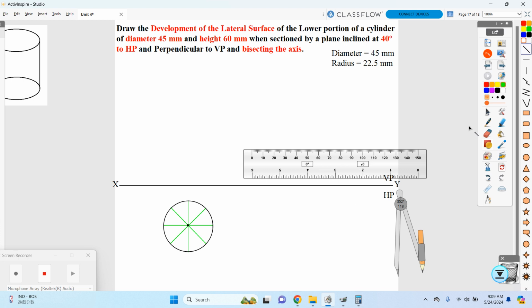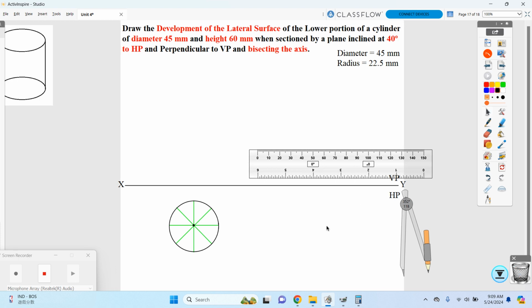We have split this into 8 equal parts. Now we can start dimensioning about this.